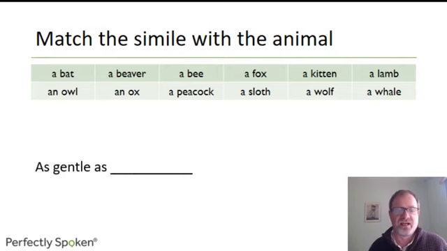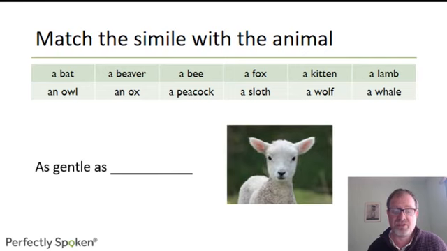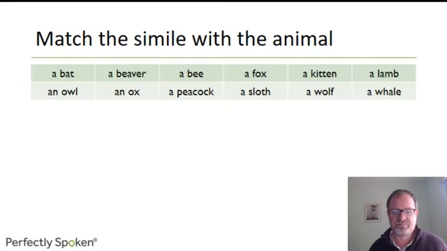Okay, as gentle as. Here we're talking about an animal which is very soft, very cute, very child-friendly. And of course, it's the baby sheep, a lamb, as gentle as a lamb. As strong as. Strong as.